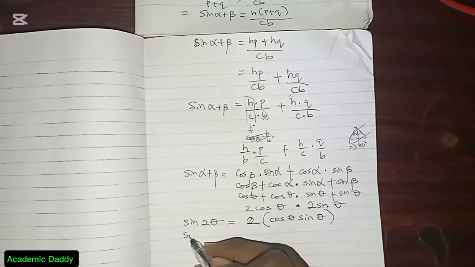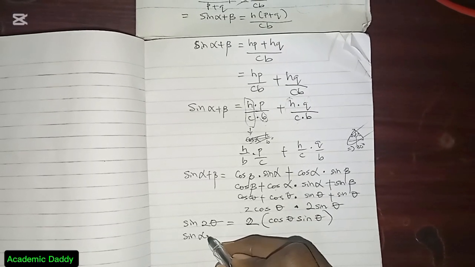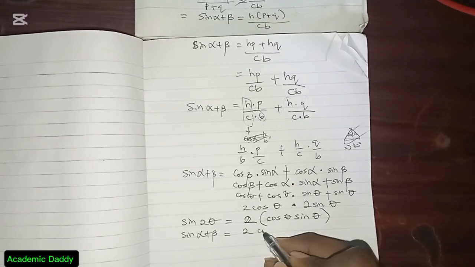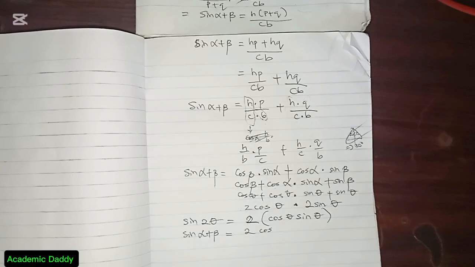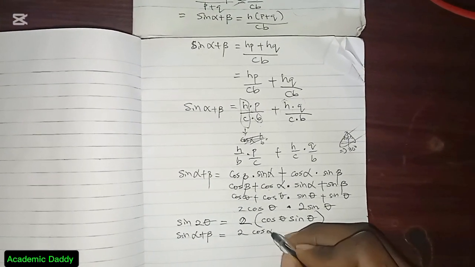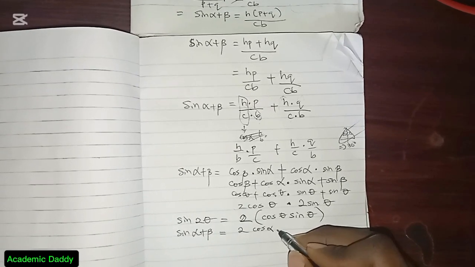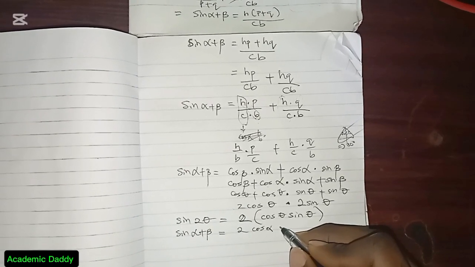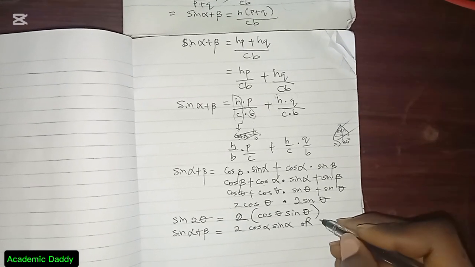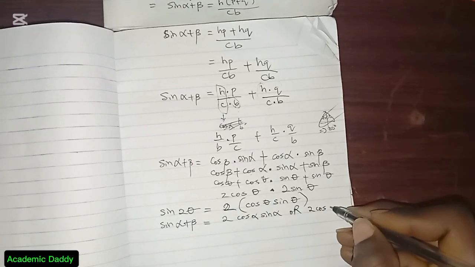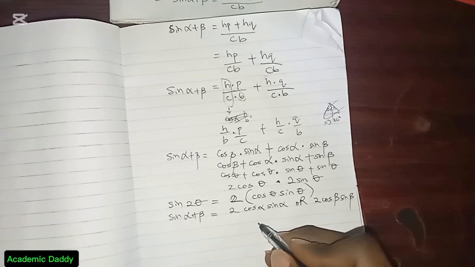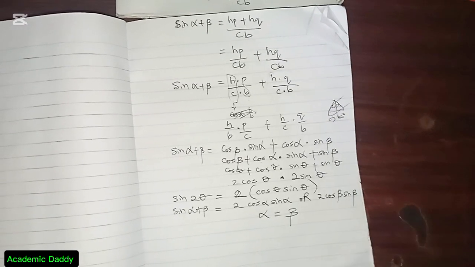So we can also say that sin alpha plus beta is equals to 2 cos alpha sin alpha, or 2 cos beta sin beta, because alpha is equal to beta.